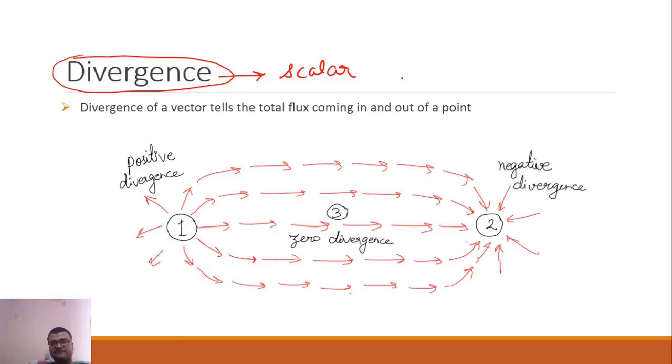So the scalar will be either an expression in the form of x, y, z or any coordinate system that we are dealing with, or it will be a number. So let us say that after finding out the divergence at point 1, the number comes as 8, let's say 8. So this 8 is actually denoting how many arrows are coming out of point 1.